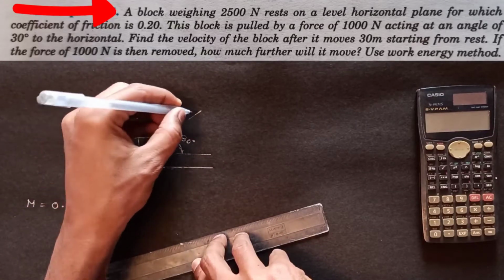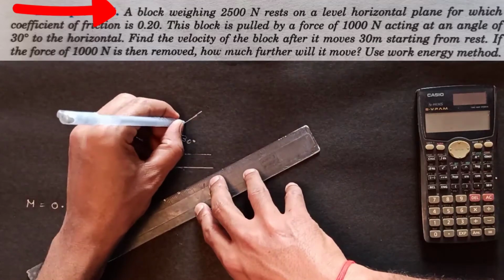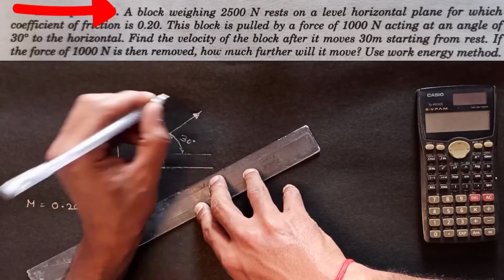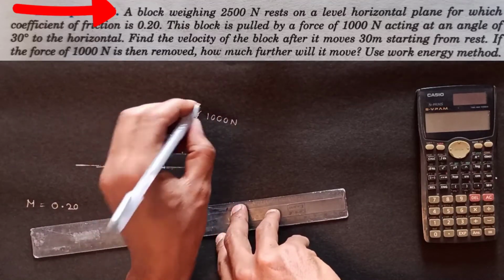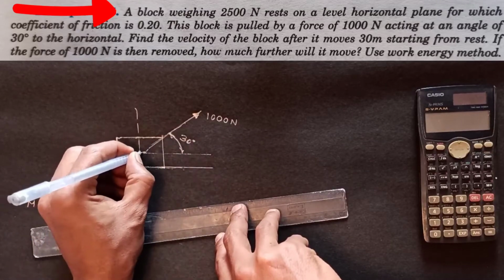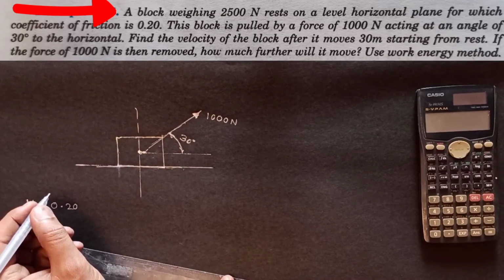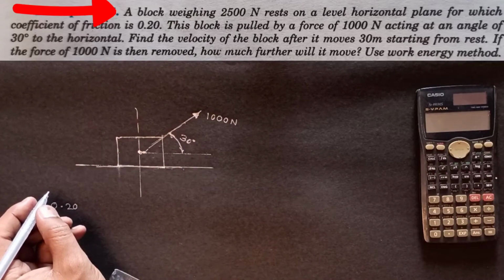Now this force is pulled from the center, in the direction you can write 1000 Newton. Now find the velocity of the block after it moves 30 meter from the rest.